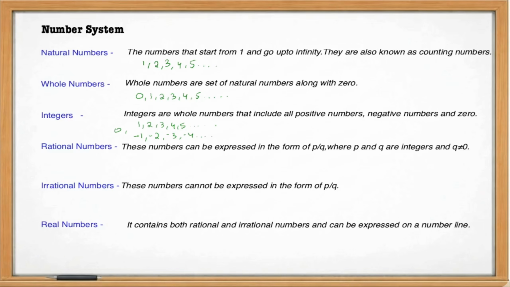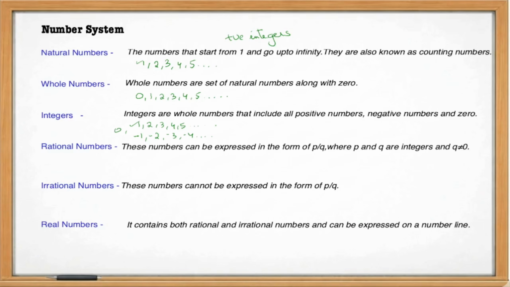Okay, 0, then all the positive numbers, then negative numbers. See, if you look here, this 1, 2, 3, you can see that also in natural numbers. So we can say that natural numbers are also positive integers. So I hope that is clear.